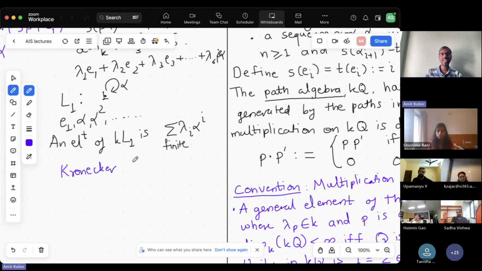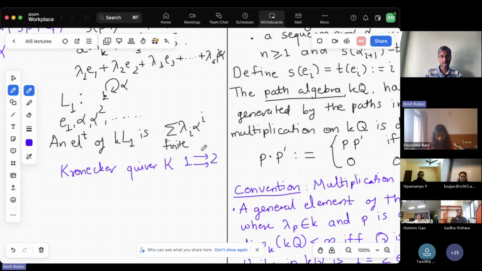Is L1 acyclic or does it have a cycle? It has a cycle, namely it's a loop. It's a single loop.